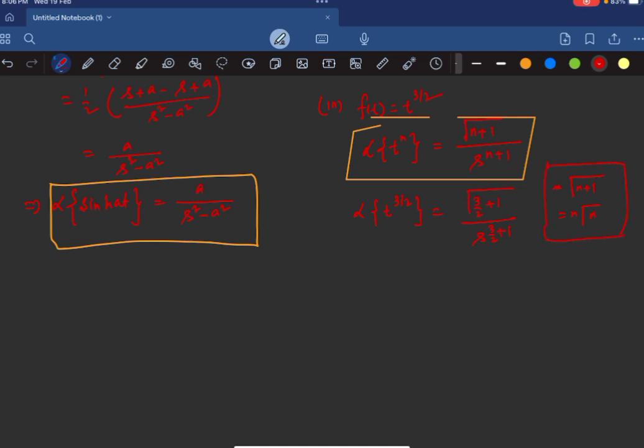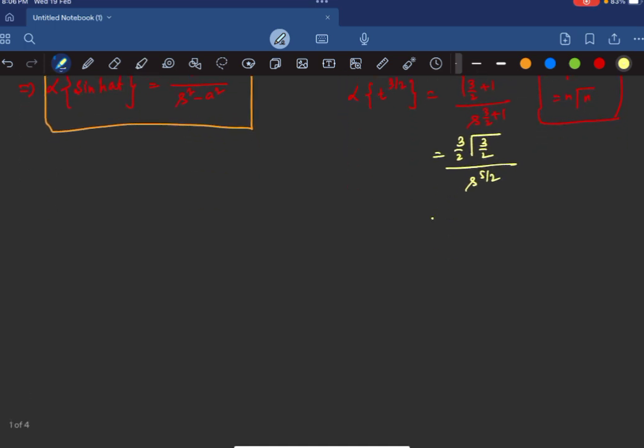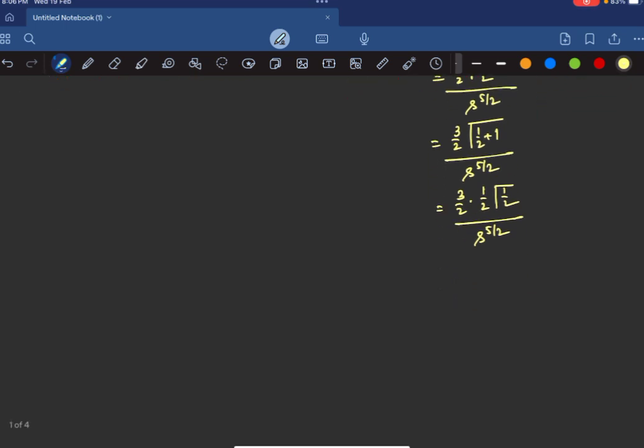This is one standard formula of the gamma function: gamma(n+1) = n gamma(n). If you apply this formula, immediately we get (3/2) gamma(3/2) over s^(5/2). Now this 3/2 can be written as 1/2 plus 1, so that is over s^(5/2). So it is (3/2)(1/2) gamma(1/2) over s^(5/2). The gamma(1/2) value is the square root of pi.